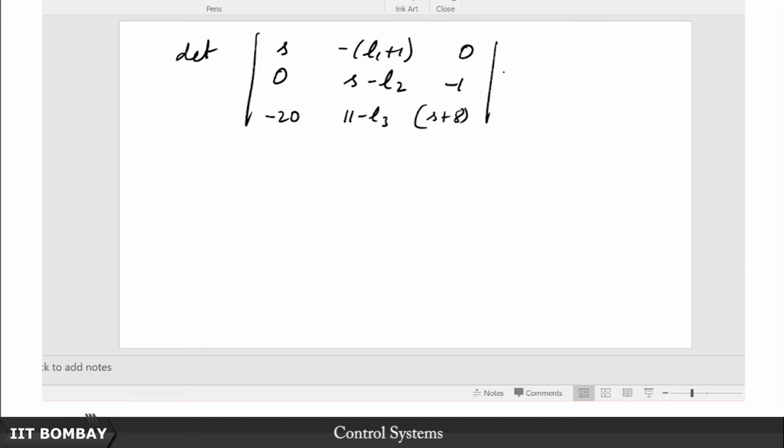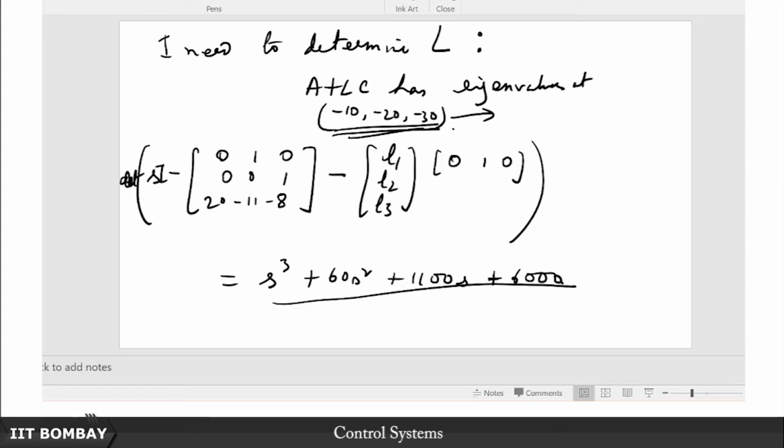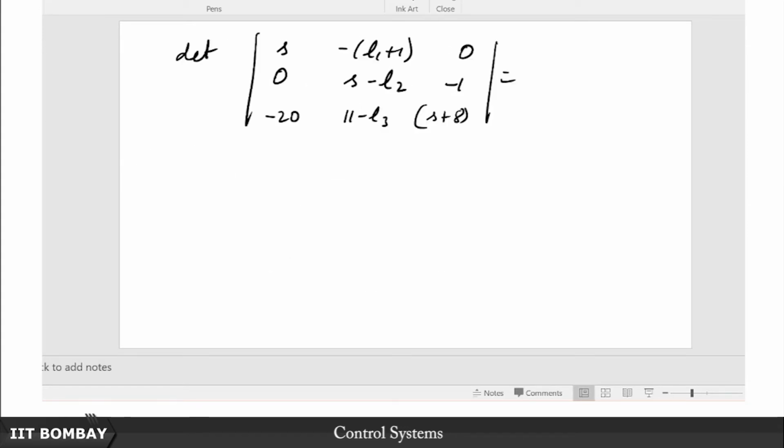This is the determinant that I require to be equal to S cubed plus 60S squared plus 1100S plus 6000, and my unknowns are L1, L2, L3.